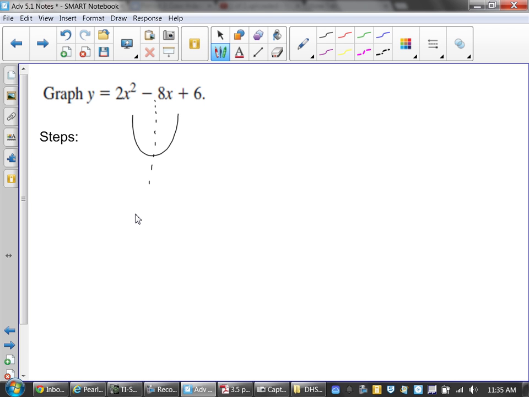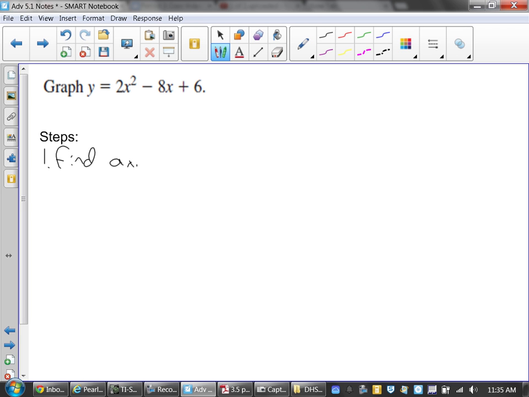Okay. Now, when we get something that's in standard form, the very first thing you do is find the axis of symmetry. And the axis of symmetry is always found by this very generic formula: x equals the opposite of b divided by 2a.